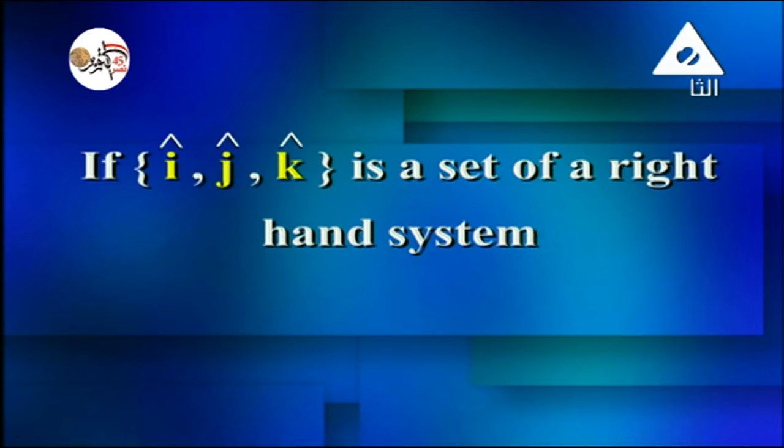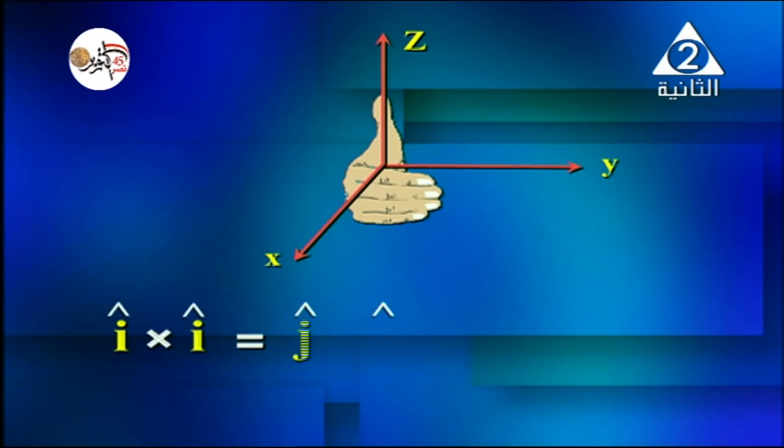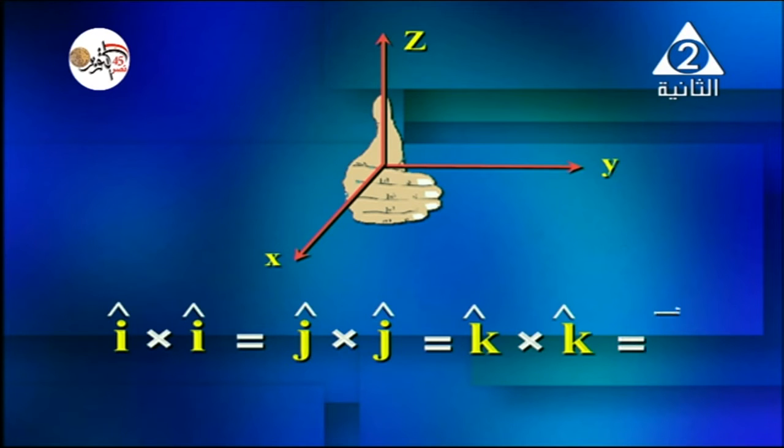If i, j, k is a right-hand system, look at i dot i equals j dot j. i cross i equals j cross j equals k cross k equals what? Zero vector.